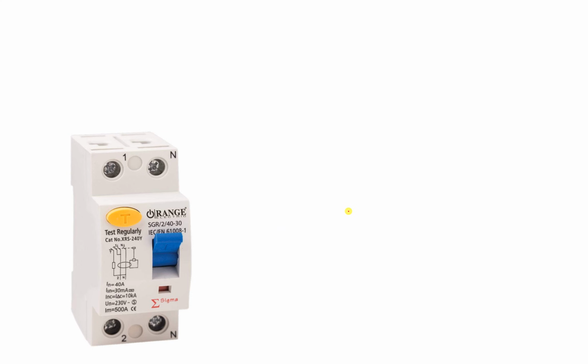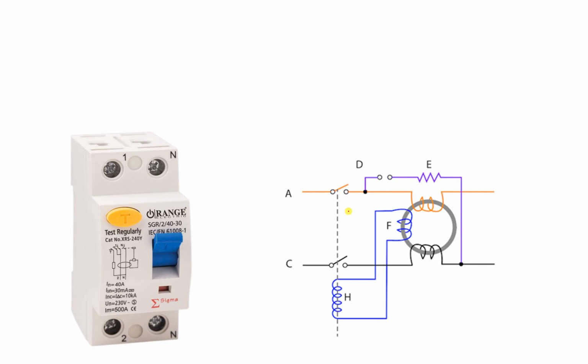Now let's understand how exactly it does this. So this is a diagram of what happens inside the circuit breaker. So we have the line and this one representing the neutral. So forget about this purple line for now. This is for testing and we are gonna talk about this later.